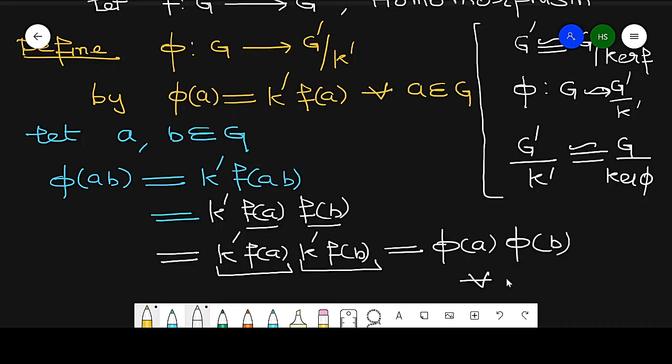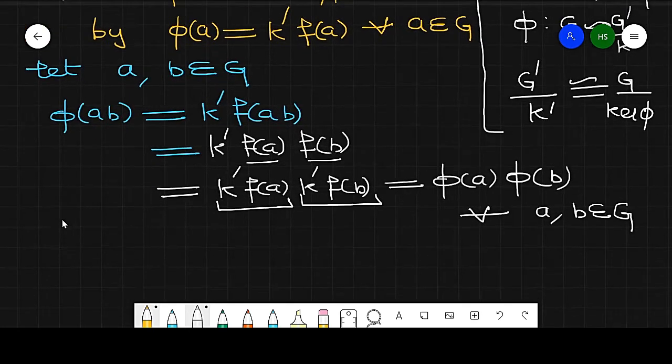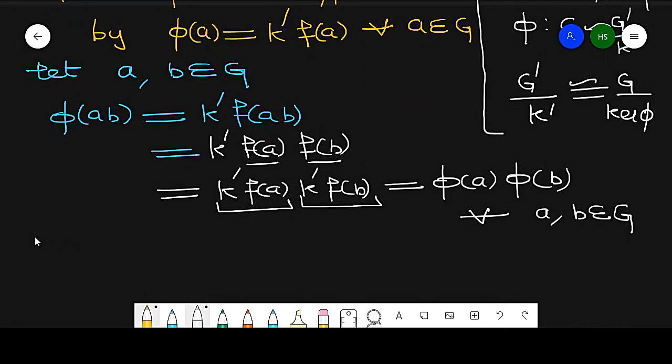This is for every a, b belonging to G. So this mapping phi is a homomorphism.